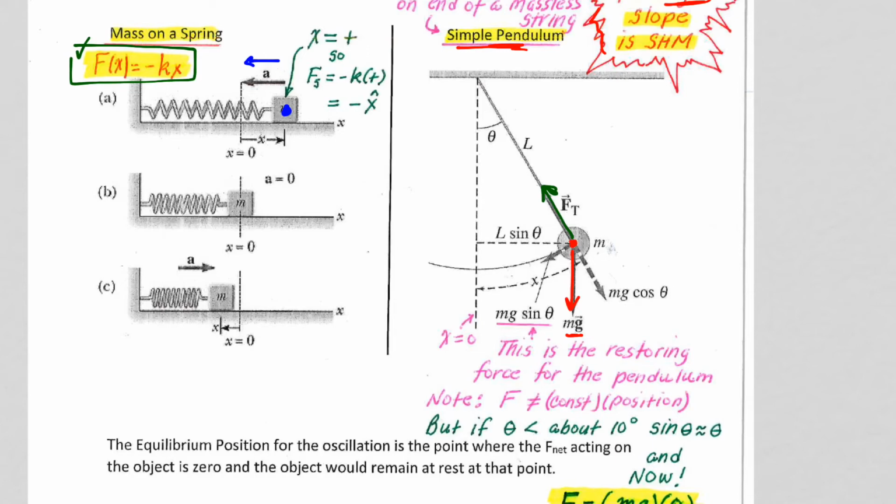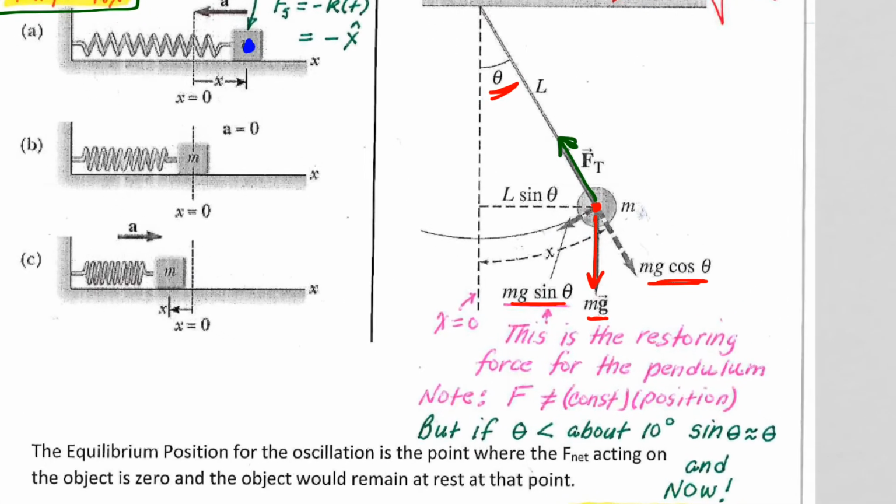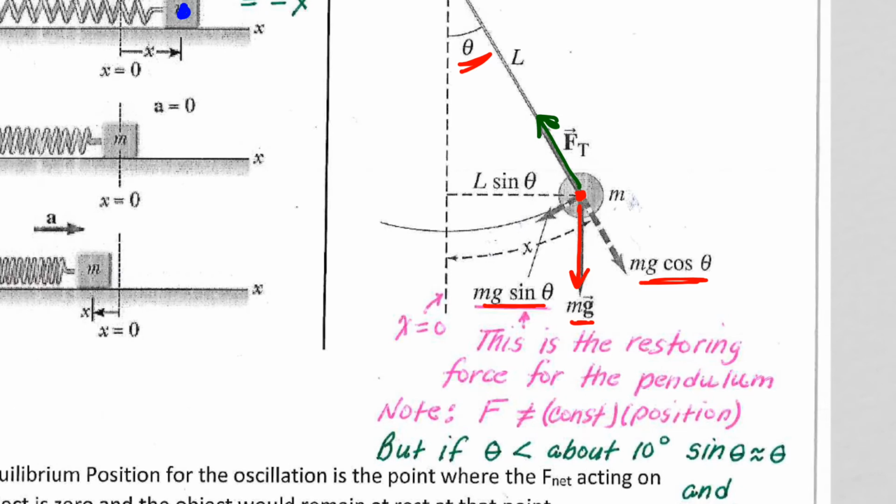Well, if we consider the mg force broken down into an mg cosine theta and mg sine theta, where the angle theta is here. So the angle theta in your notes translates down here. So we have our mg sine theta.